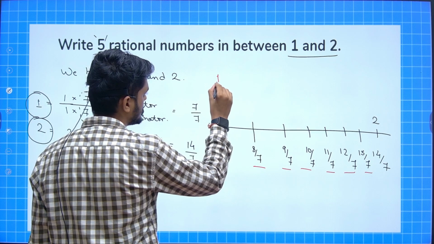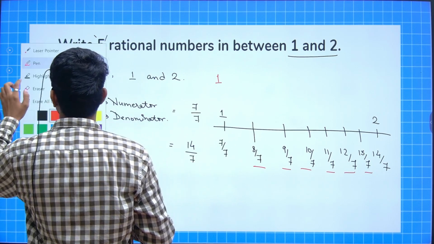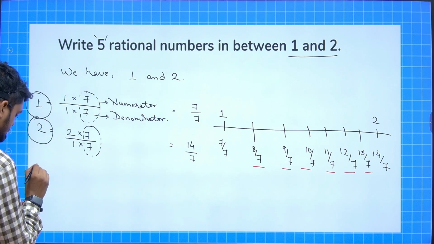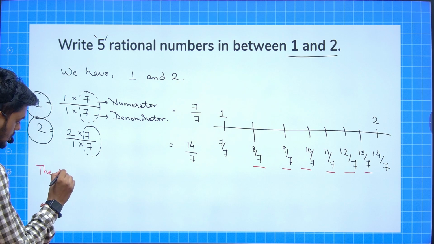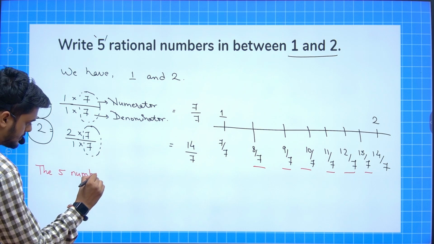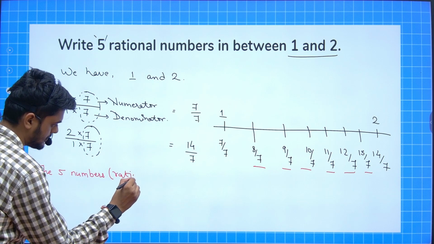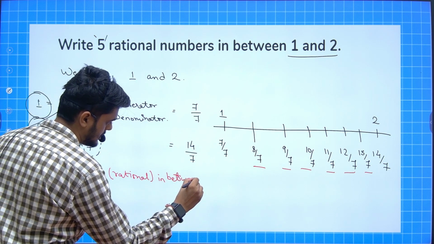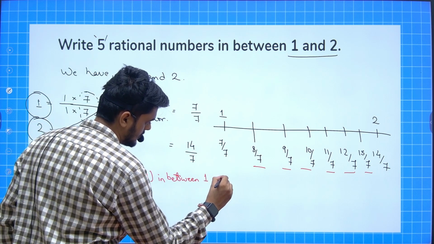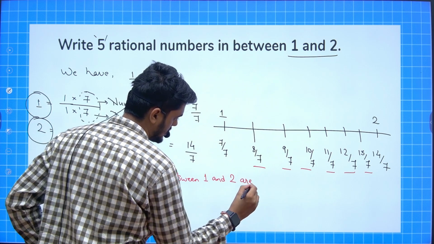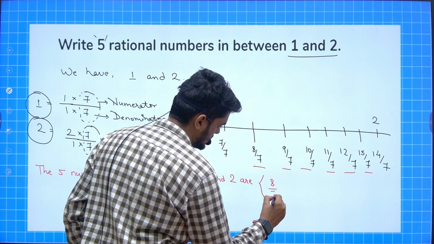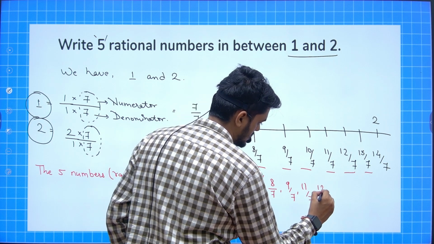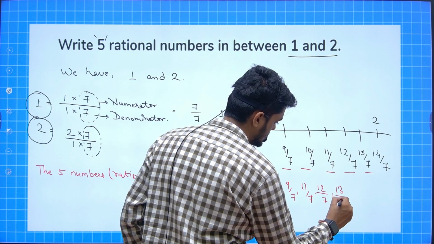Likewise, I can write the quantities, or the 5 numbers, basically rational, in between 1 and 2 are 8 by 7, 9 by 7, 11 by 7, 12 by 7 and 13 by 7.